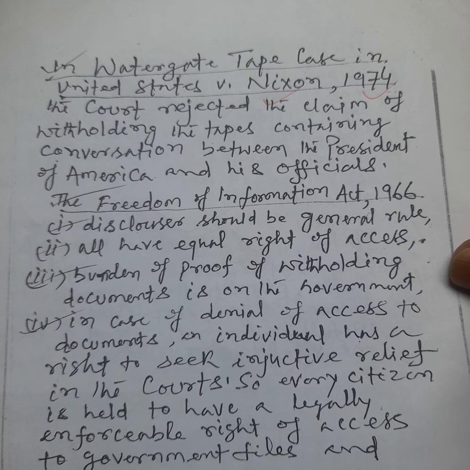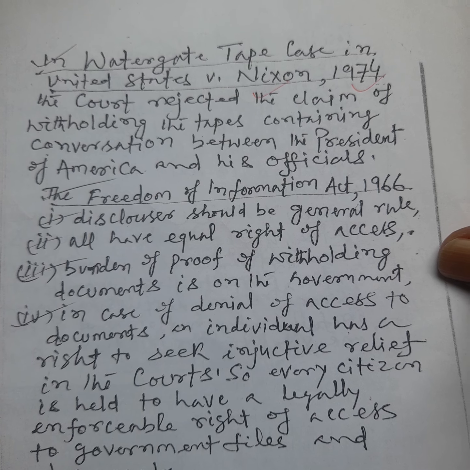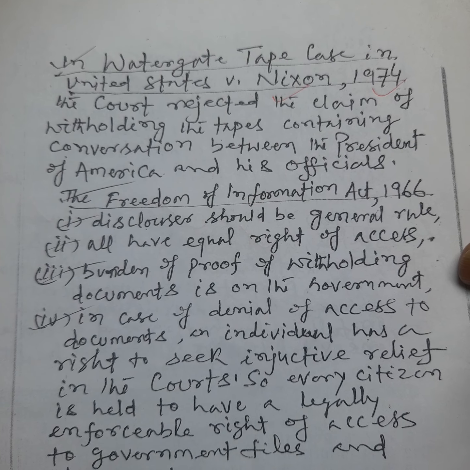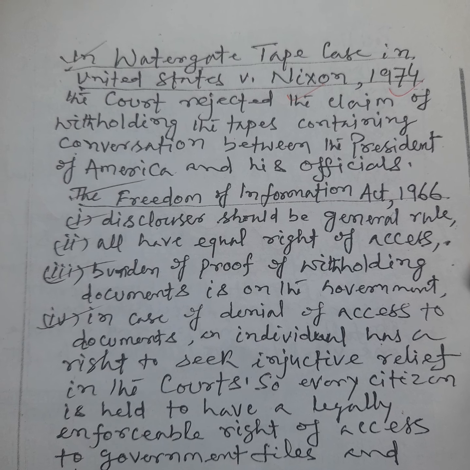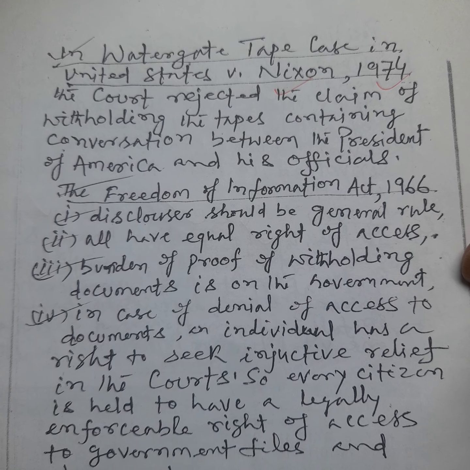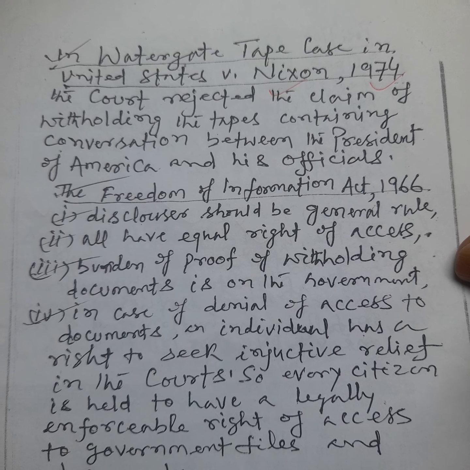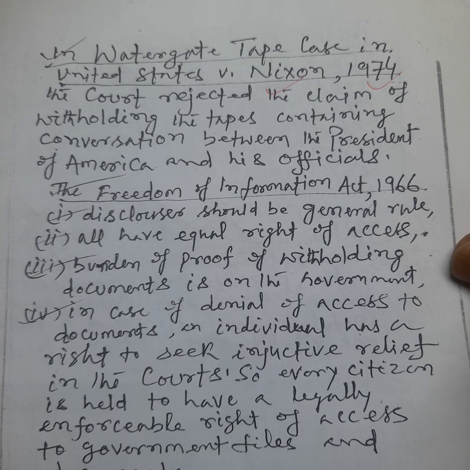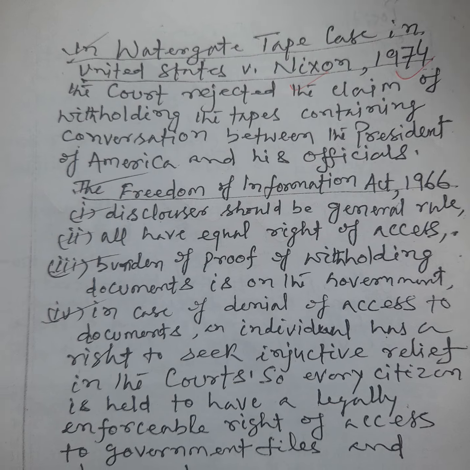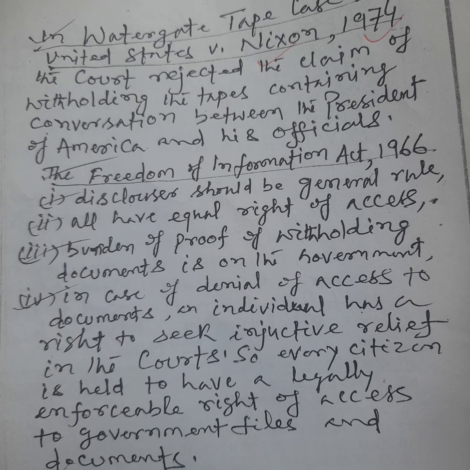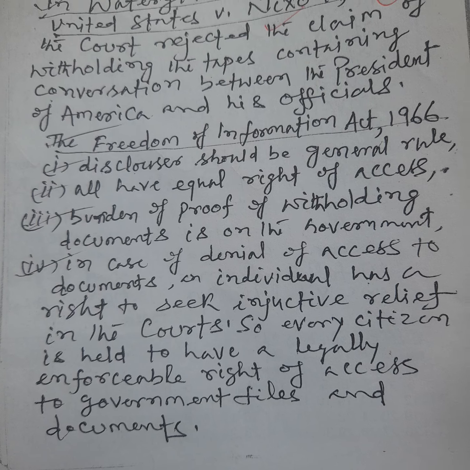So, in light of that, the Freedom of Information Act 1966 is to be discussed, as it provided that disclosure should be the general rule. All have equal right of access. The burden of proof of withholding documents is on the government.